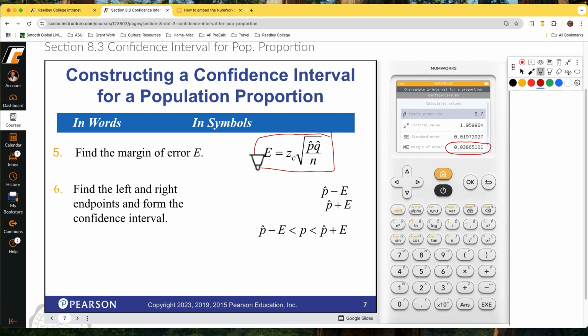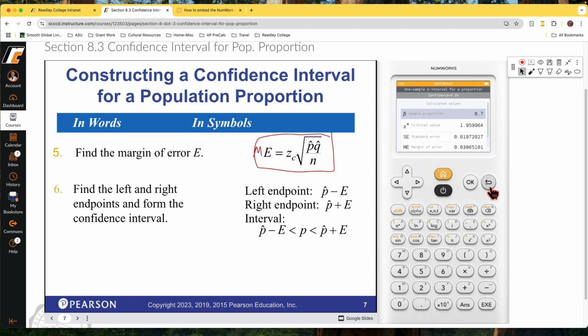Okay, so E, or in this case, we're going to see it on our calculator as ME, margin of error. Then you add and subtract that to the proportion to get our left and right endpoints. That's done for us in the calculator as we go to the next step.